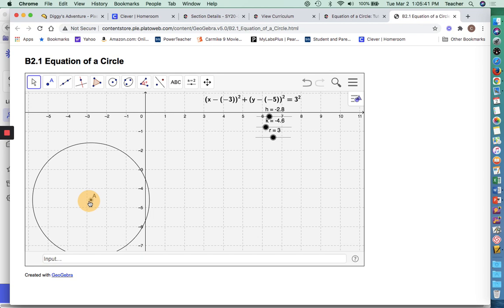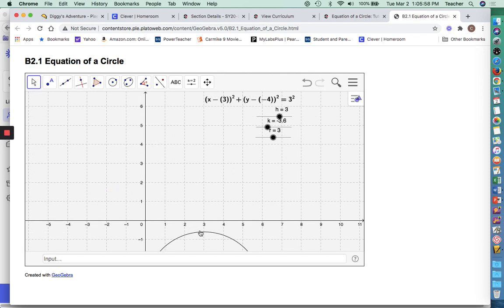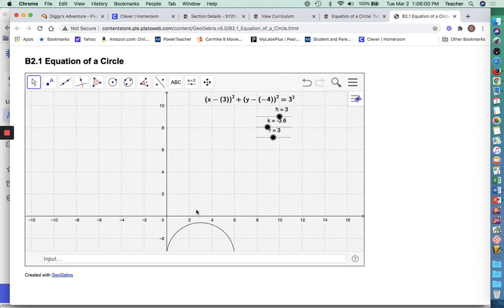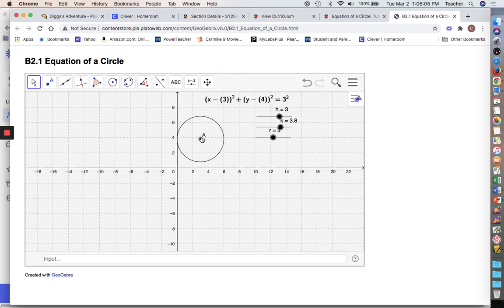If I'm over here, I'm looking at negative and negative. If I move it over here, this one's positive, this one's negative. If I move it up, they're both positives. So I got a negative, positive. If you'll notice, it goes along with your coordinate system.